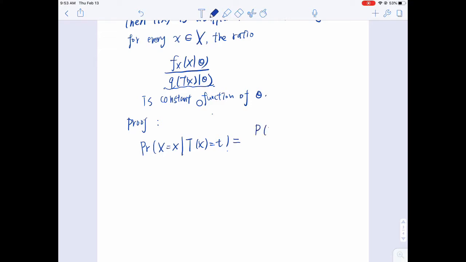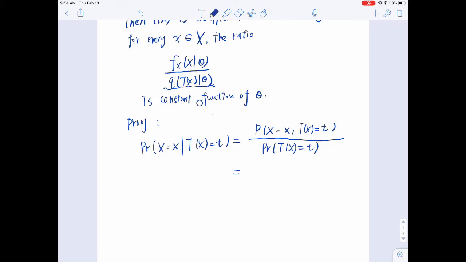We know in the numerator, we have this joint distribution. And then by the definition of conditional distribution, the denominator is just going to be the marginal of the statistic. And again, we're going to see two scenarios.